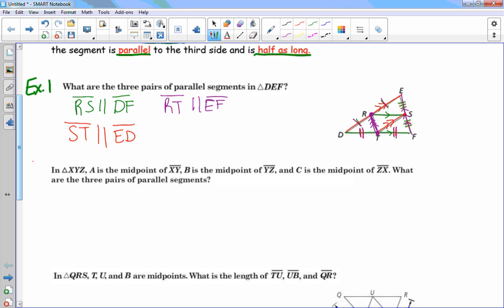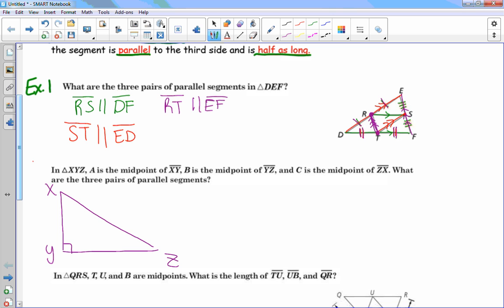Let's do a right triangle this time. And label the triangle X, Y, Z, so we all know what we're talking about.